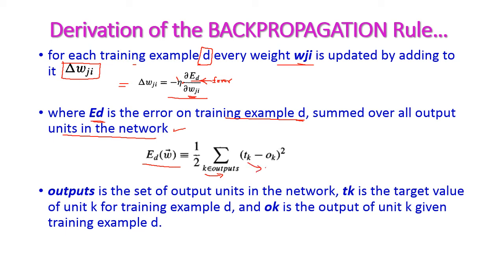Tk is the target output and Ok is the computed output. Here outputs is the set of output units in the network, Tk is the target value of unit k, and Ok is the output of unit k given the training example D.